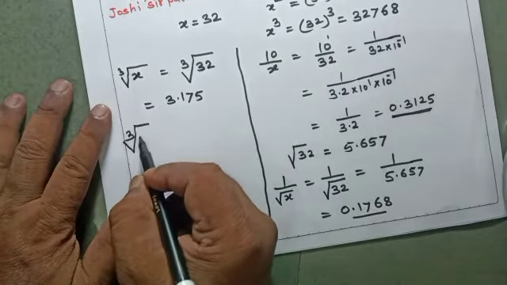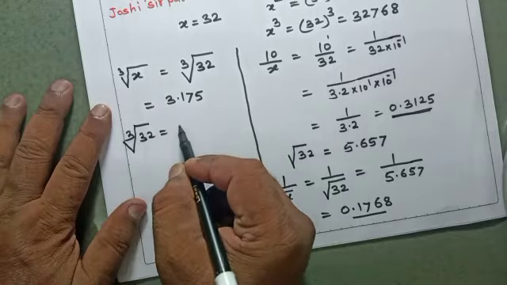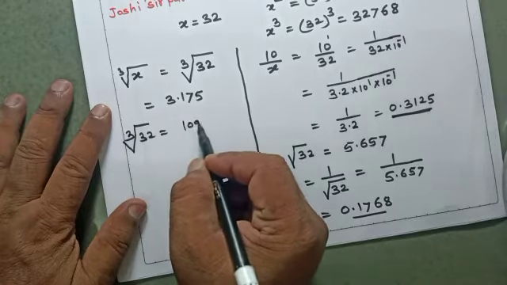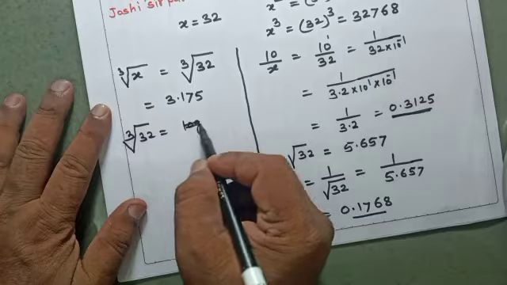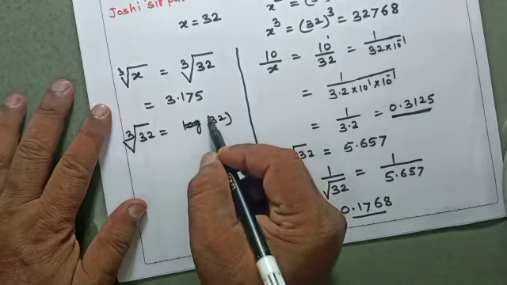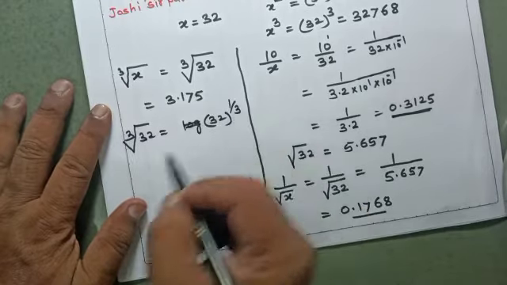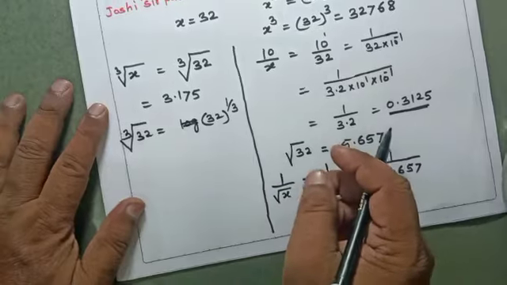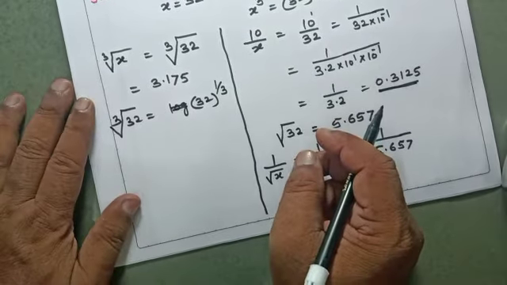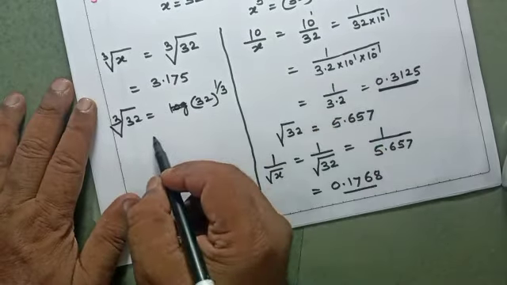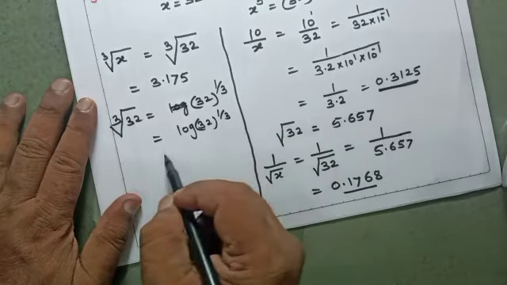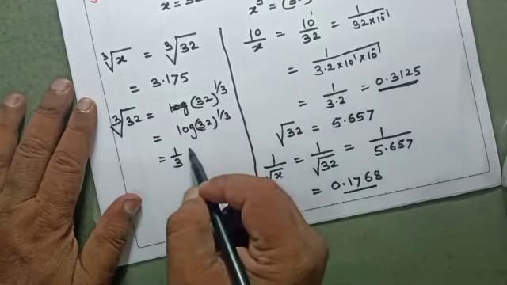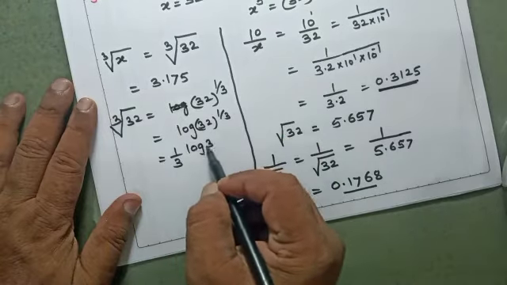So here the cube root of 32 will be written as 32 to the power 1 upon 3. Using the formula log of m raised to n is n log m, log of 32 to the power 1 upon 3 is written as 1 upon 3 log of 32.